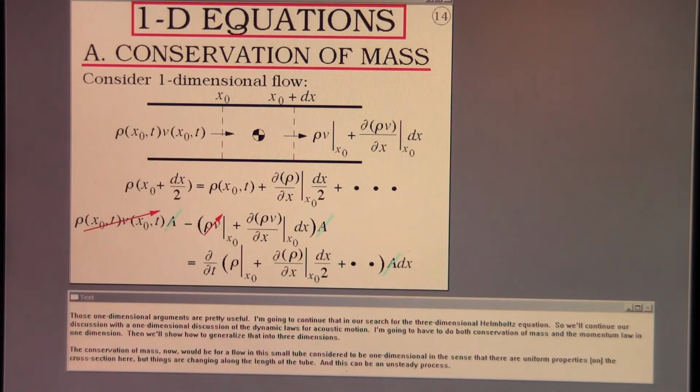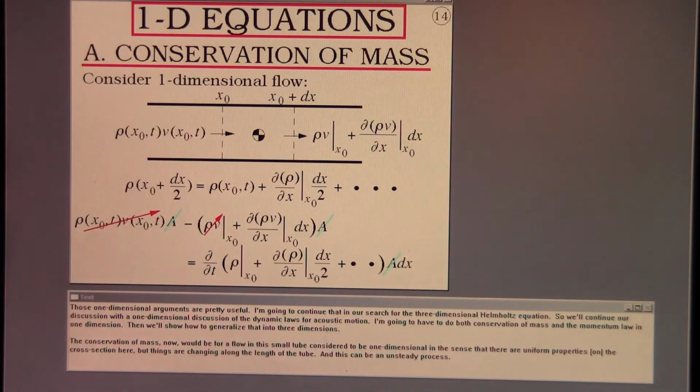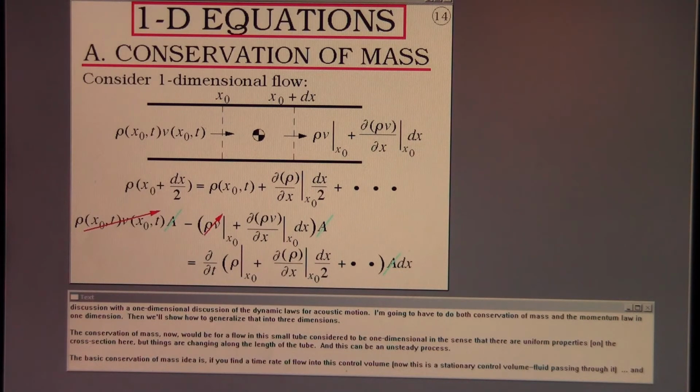I'm going to continue that in our search for the three-dimensional Helmholtz equation. So we'll continue our discussion with a one-dimensional discussion of the dynamic laws for acoustic motion. I'm going to have to do both conservation of mass and the momentum law in one dimension.